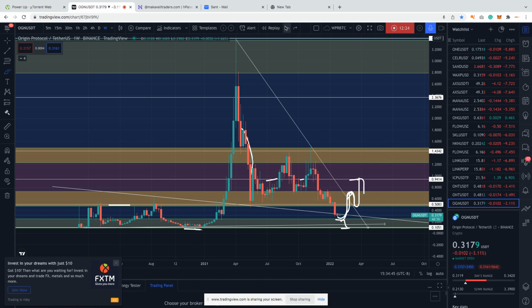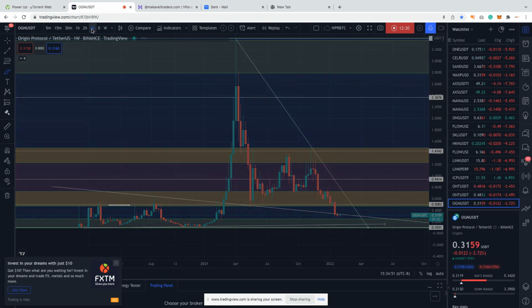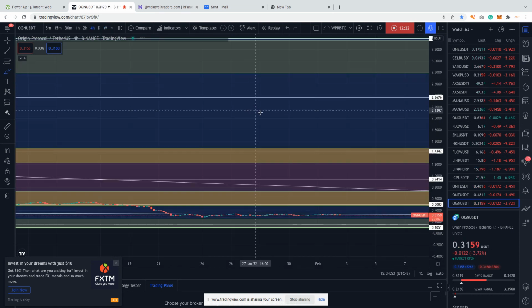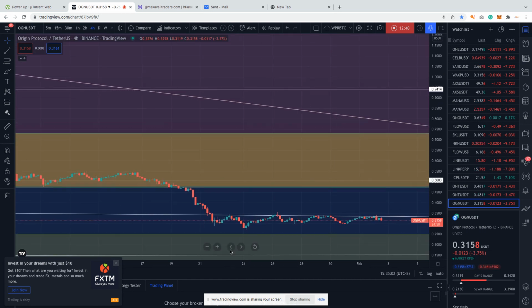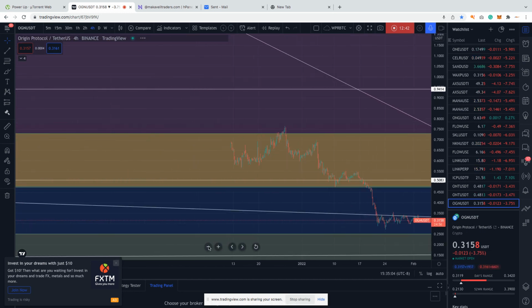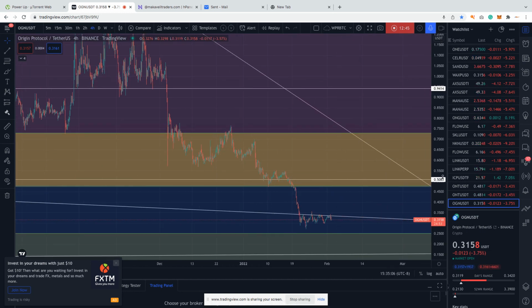So let's go to the daily chart, for the sake of, let's go to the 4 hours chart. Let's even break it further down. Let's go to the 4 hours chart and look at this chart together and see what OGN is forming. On this 4 hours chart, I'm also going to draw in the box and see if we can actually see what is happening. So this is the chart as it looks.